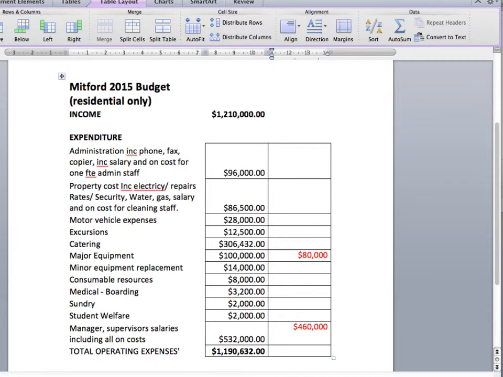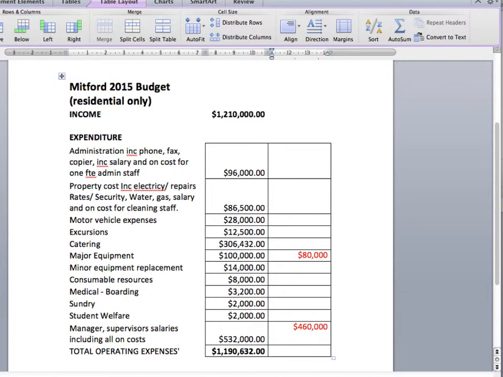I think $72,000. Now, you may want to put in a recreation officer or something like that to use part of that money. You might use a part-time recreation officer. But I'm hoping that will give you an idea of how this works.